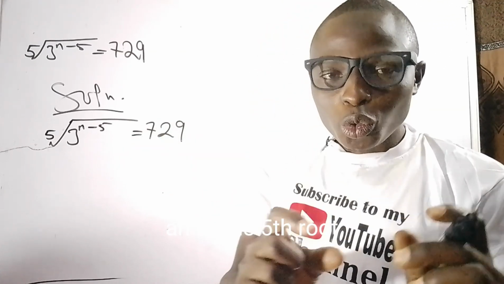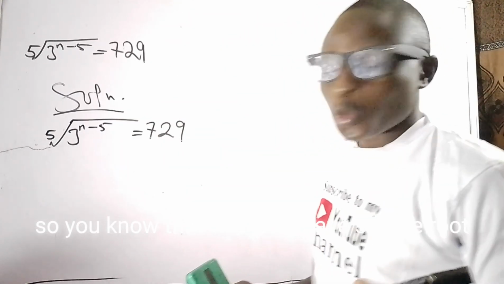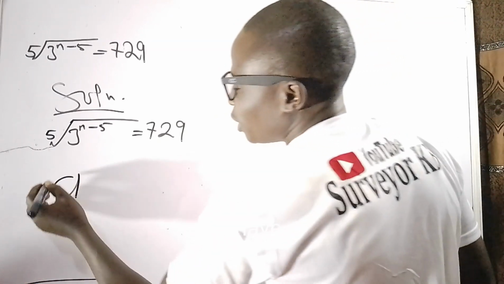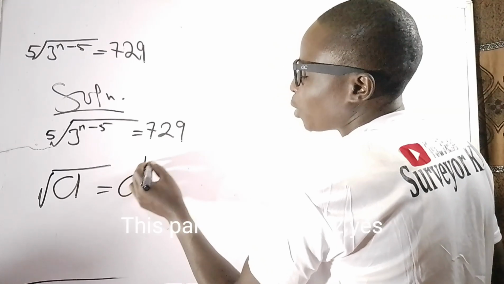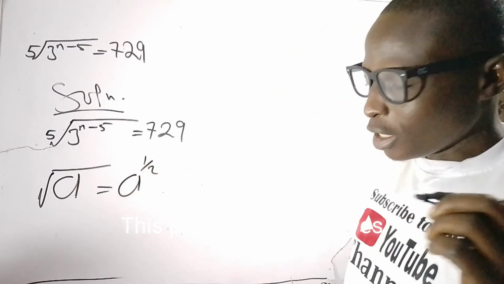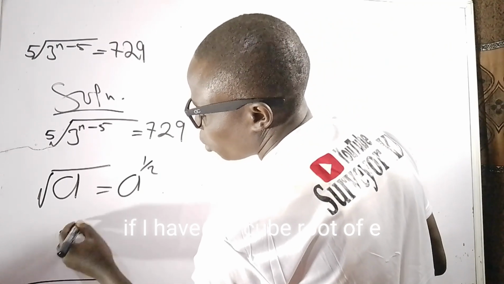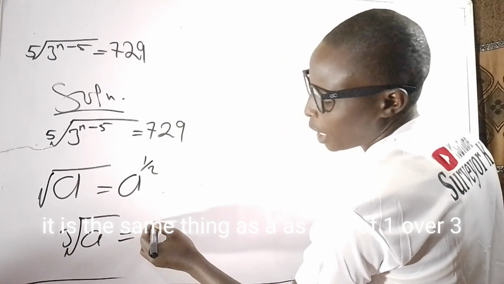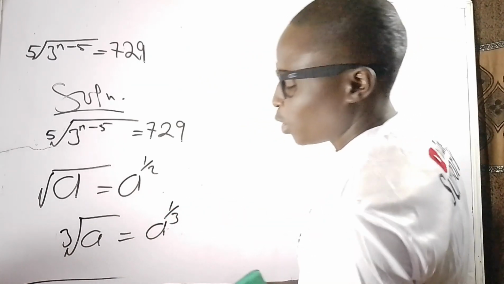This is a fifth root. When we have a square root, for example, the square root of a is the same thing as a raised to the power of 1 over 2. If I have the cube root of a, it's the same thing as a raised to the power of 1 over 3.